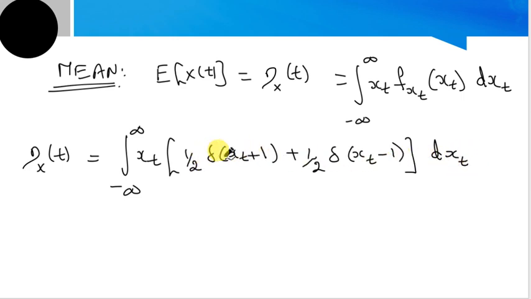So one value is 1 and the other value is minus 1, and this gives us half into minus 1 plus half into 1, and this value gives 0. Hence mean equals 0.